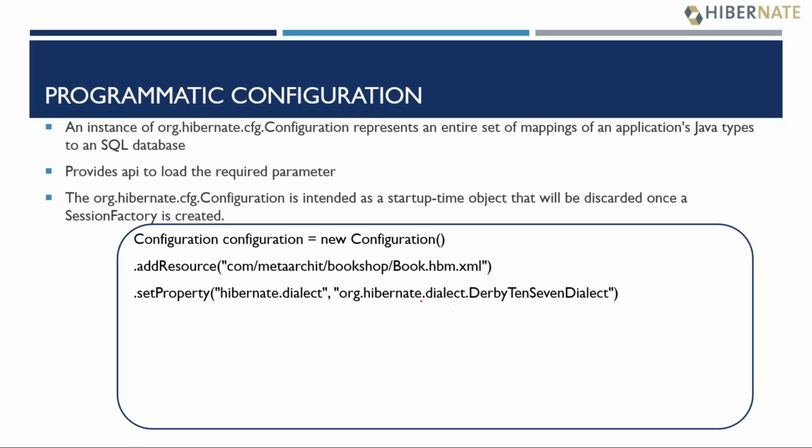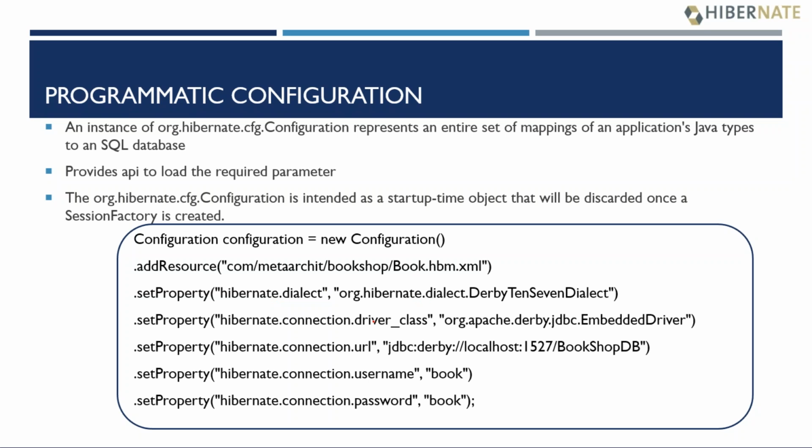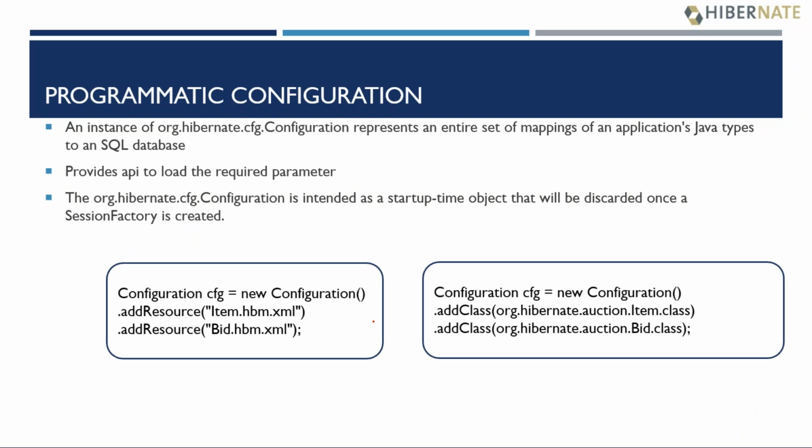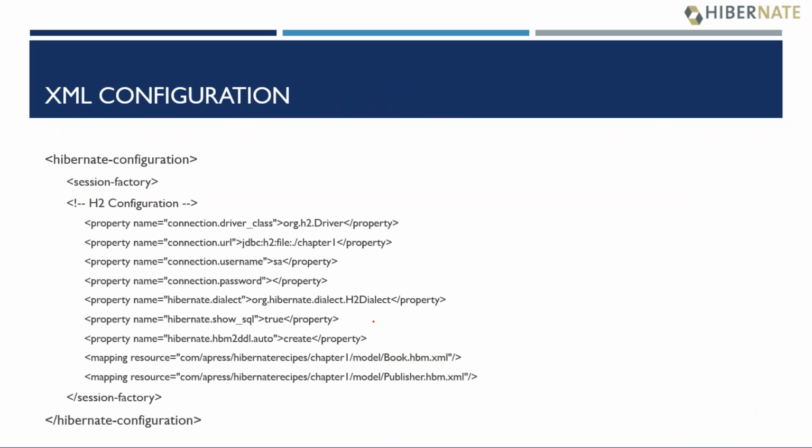So dialect is the name of the database you're using, and then you will specify the driver class, the connection URL, the username, and the password. That is, if you are creating the configuration object programmatically, you need to create a configuration object and set all its properties. We'll discuss the mapping later because we did not discuss the mapping files.